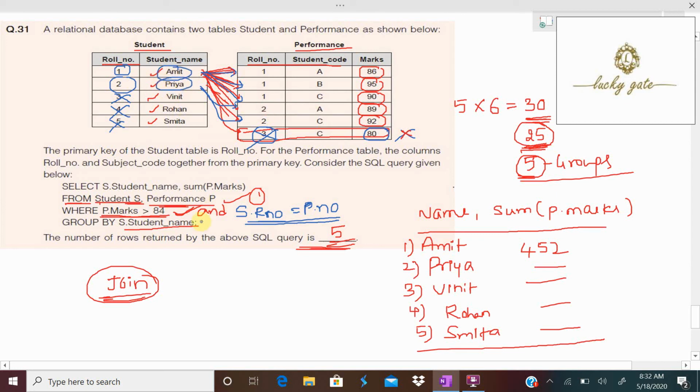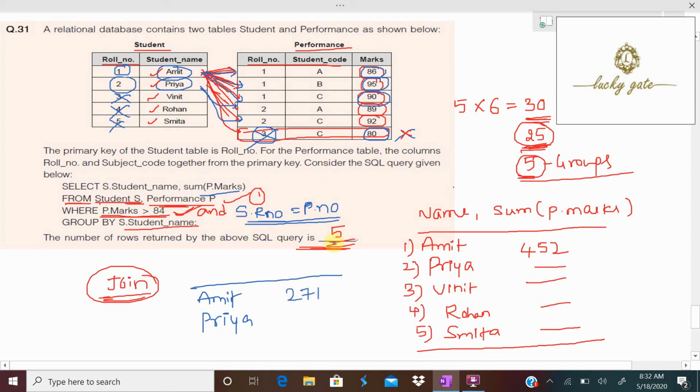So Amit will form one group, and Priya's records will form one group, and it is going to find the total marks of Amit and Priya. Say for this example, 86 plus 95 plus 90, that is something around 271 in the output.